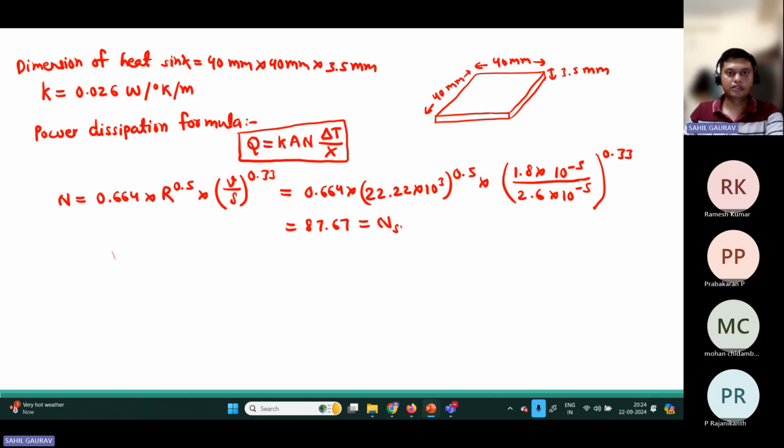This Nusselt number is the same for the side and for the top, because it depends upon the Reynolds number, and the Reynolds number will not vary. So the Nusselt number for side or top will be the same. Now this delta T is 70 minus 30, that will give 40 degrees Celsius.